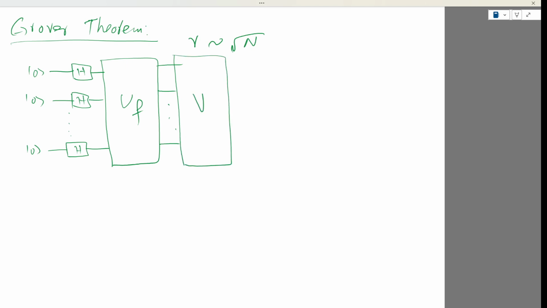Let's call it V. You apply this reflector. I'll describe this one later on, and then you repeat it R times, and then measure it.